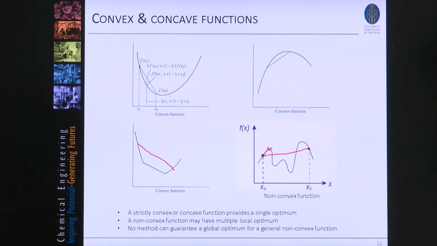If the algorithm continues, it will move from xa to the optimum point, and then move down from here, and then the algorithm will say we are at the optimum, because the algorithm is like a blind person, so it doesn't know. The only thing it knows is that we are now descending from our optimum point. So it will stop and tell us that we are already at an optimum value, while we know this is not the global optimum. This is only a local optimum, while the global optimum is over here. So if we start from xb, we'll find the global optimum, but if we start from xa, we'll find only the local optimum.